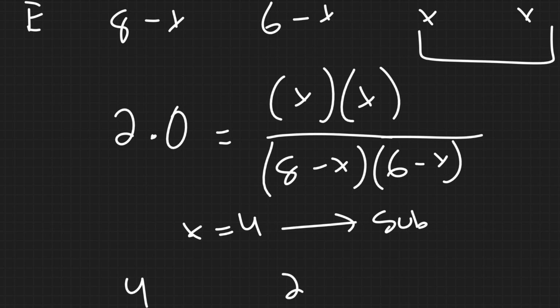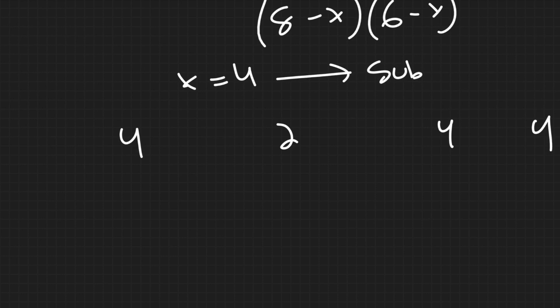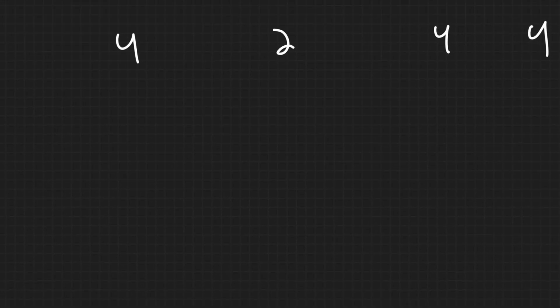And then for our hydrogen gas, it'll just be x, and we know x is equal to 4, so this will be 4. And then for our CO2, it'll also be 4. So that's how we get our equilibrium concentrations from using an ice table. So that was pretty straightforward, hopefully.